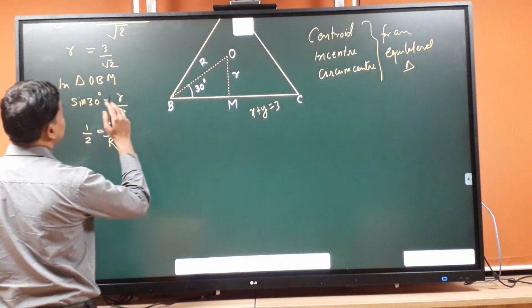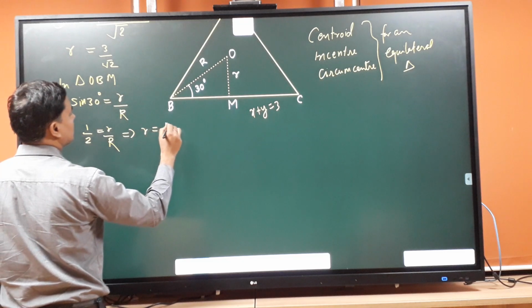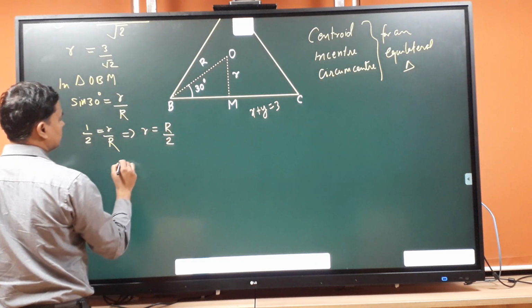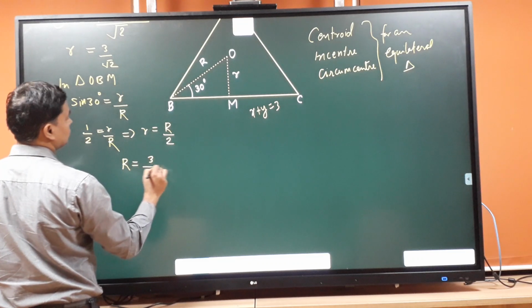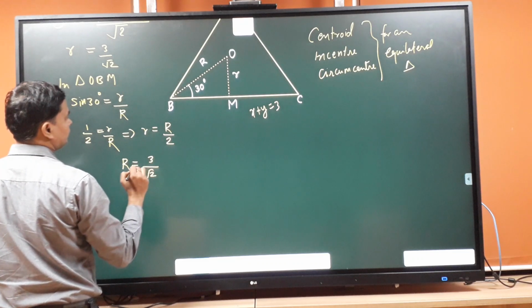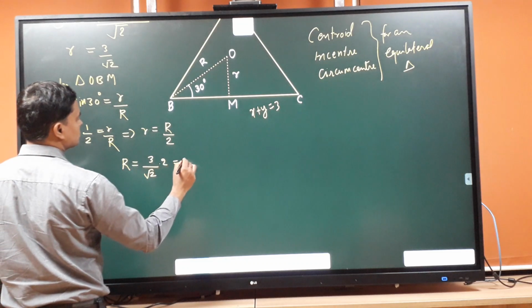This implies that r is equal to R upon 2, or capital R is equal to 3 upon root 2 into 2, that is equal to 6 by root 2.